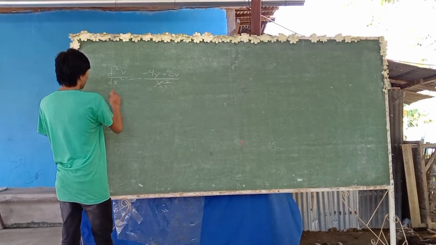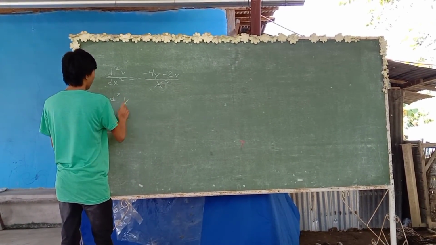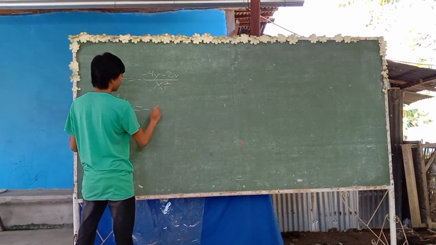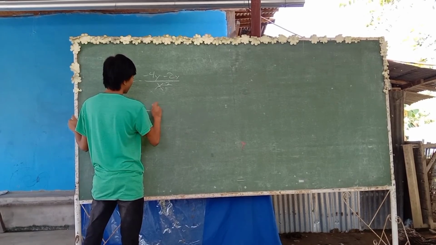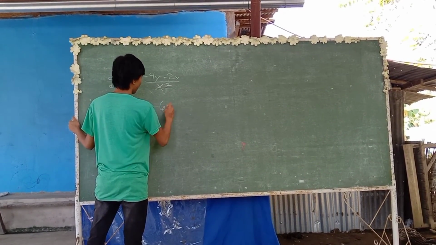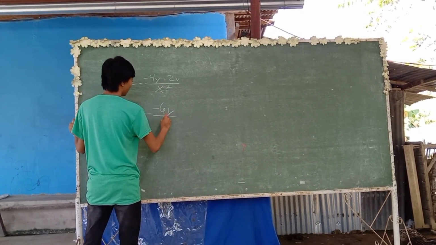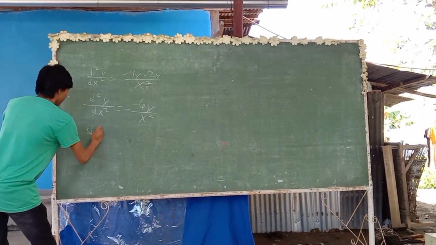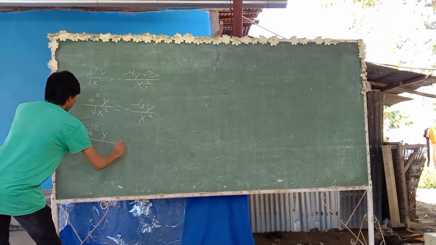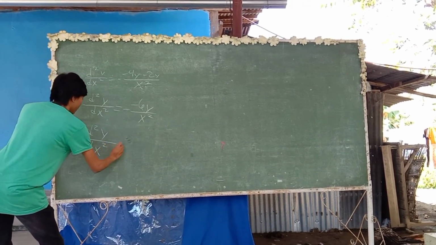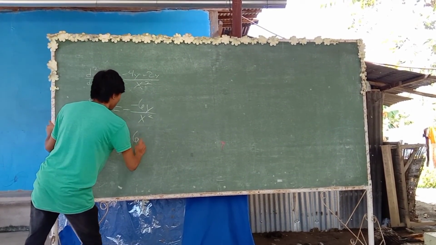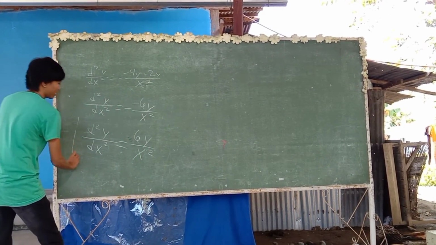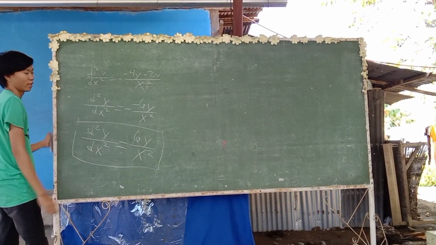So d squared y over dx squared is equal to negative 6y over x squared. Then the answer is d squared y over dx squared equals positive 6y over x squared. So this is the final answer of number 2.